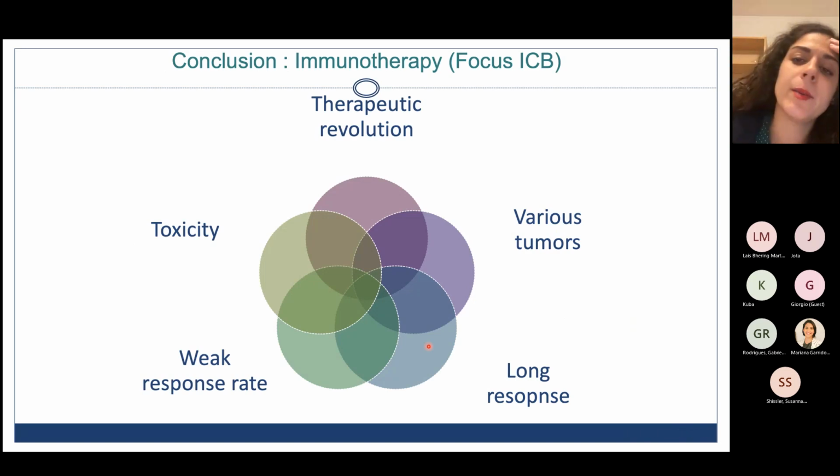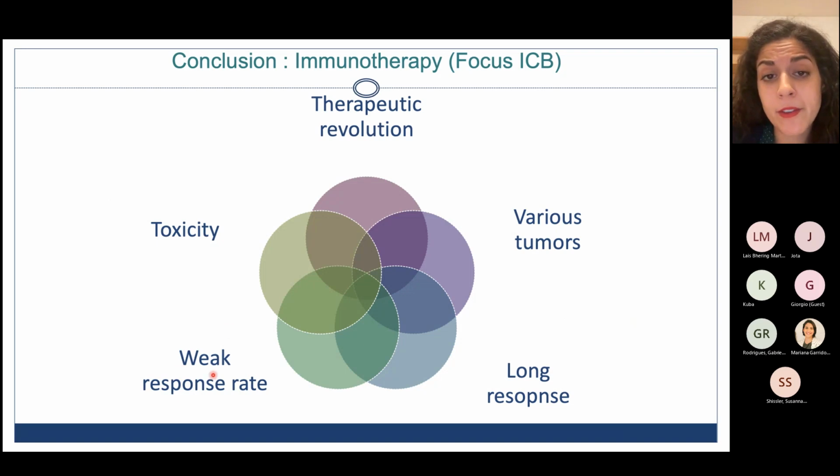So to conclude, immunotherapy is clearly a therapeutic revolution that can act on various tumors, that can lead to a long response. However, the toxicity can be big, actually, and has to be tightly monitored.